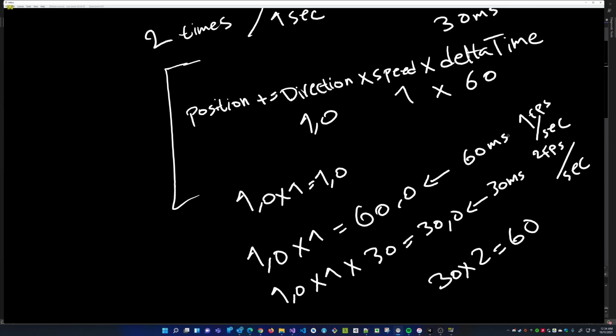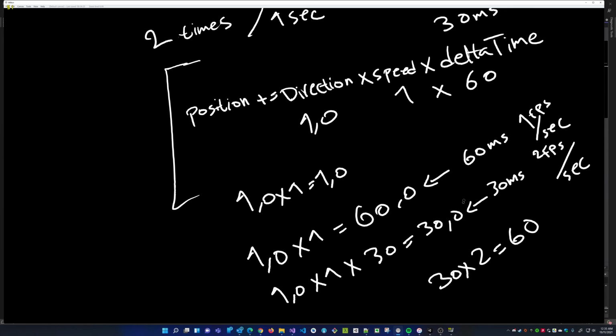All right. That's the idea of delta time: I move the same distance, at the same rate, no matter what my frame rate is, because delta time is a variable number. It goes up and down with my frames. All right.